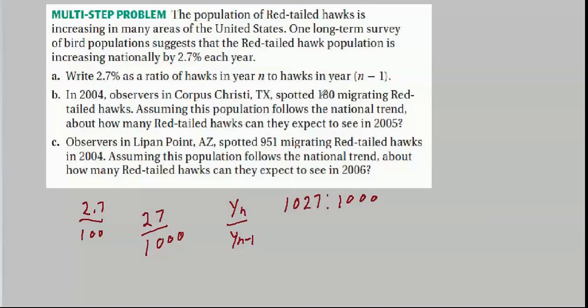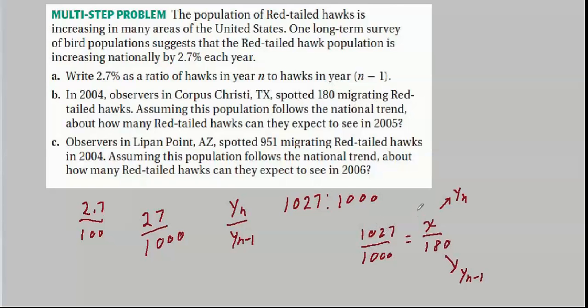Now this isn't too hard. What we do is write out what that ratio actually means. For instance, the ratio here is the number of birds at year n divided by the number of birds at year n minus 1.